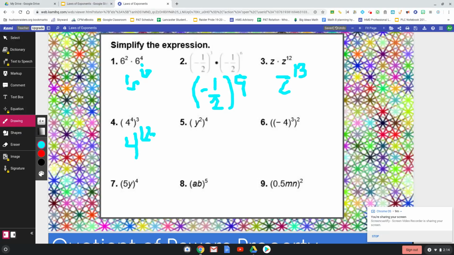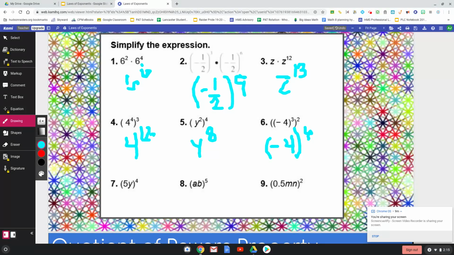Algebraically, we can still multiply our exponent. So 2 times 4 is 8, so this would simplify to y to the 8th power. Number 6, we have negative 4 raised to the 3rd power and then raised to the 2nd power. We're going to multiply our exponents to simplify this, and we are going to get negative 4 to the 6th power because 3 times 2 is 6.